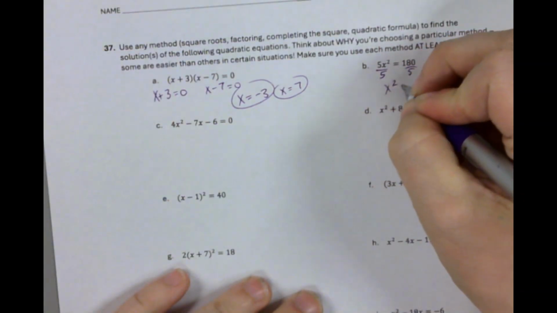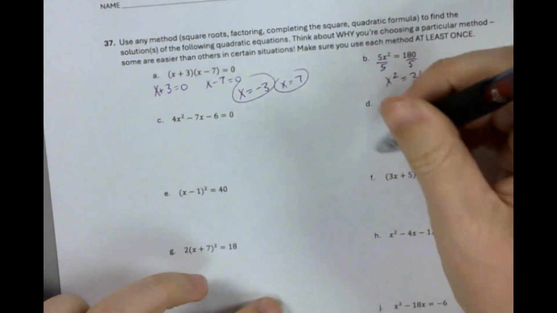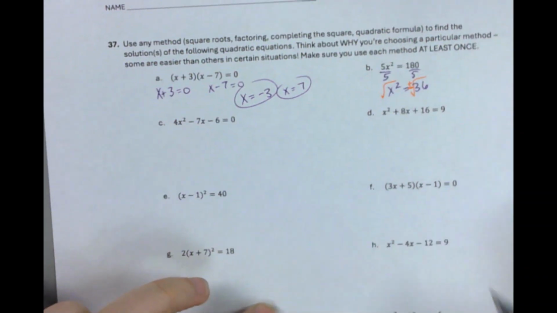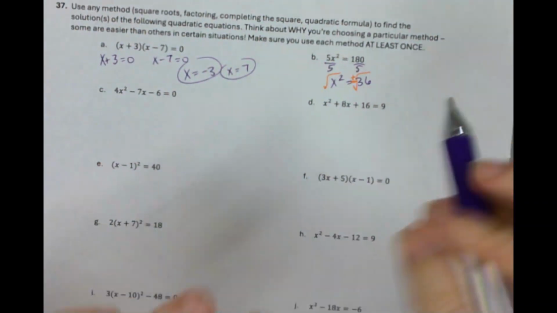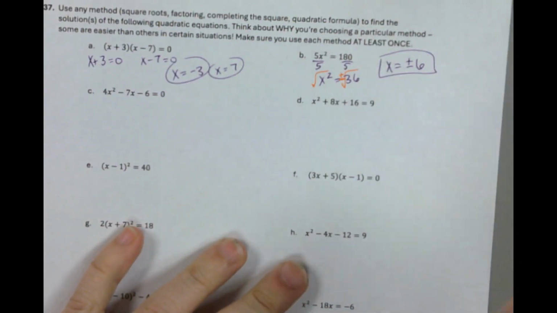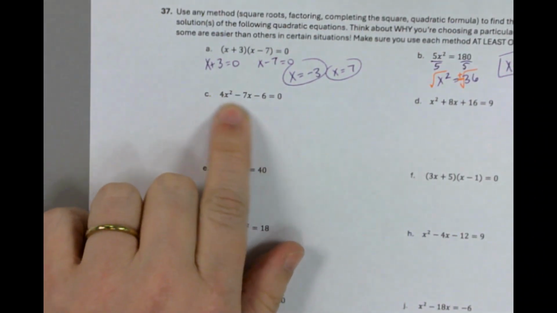So I have x squared equals 36. That means that I can square root both sides. I need the plus and minus, positive and negative. Square root of 36 is 6, so x equals positive and negative 6. Great.